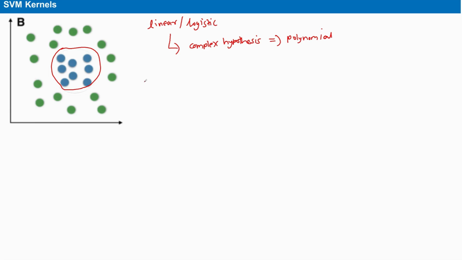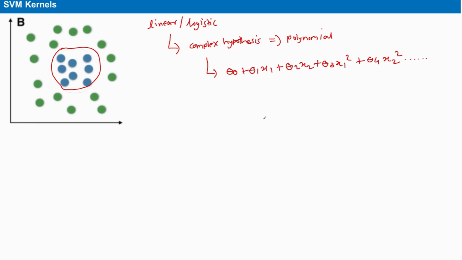So if I use this kind of hypothesis, for example theta 0 plus theta 1 x1 plus theta 2 x2 plus theta 3 x1 square plus theta 4 x2 square, like that.